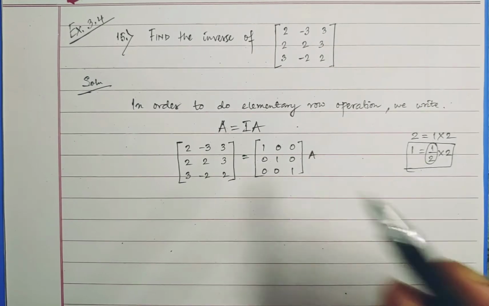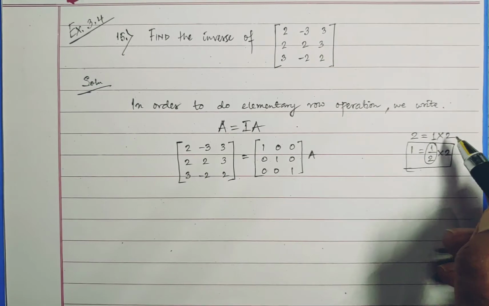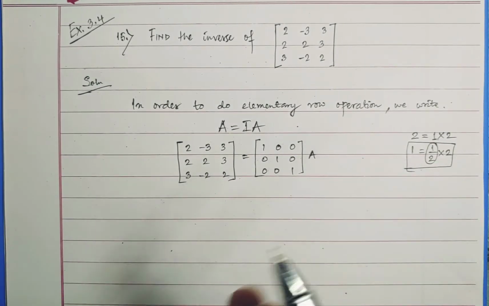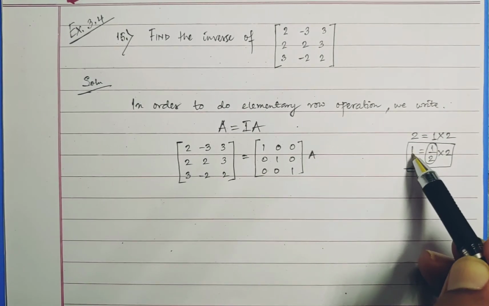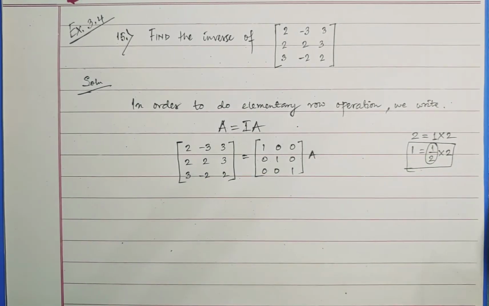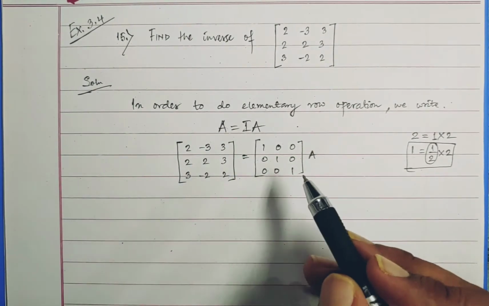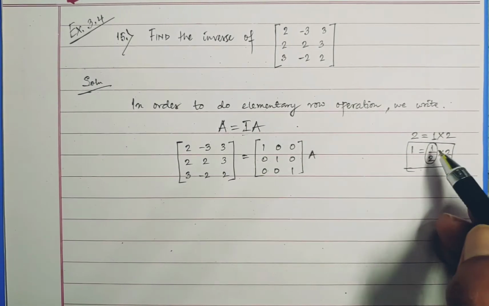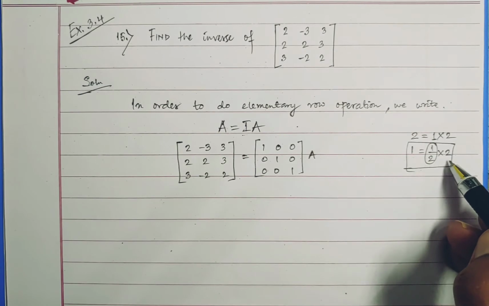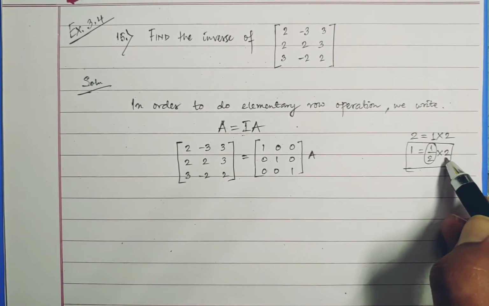Identity matrix is basically 1 in case of numbers, right? So in the left hand side, I will try to change this A into 1. That means I need to change this A into I, and automatically all the operations we use to change A into I, the same operations will apply on this I, and that will become the inverse of this matrix A. You see, this 2 remains fixed.